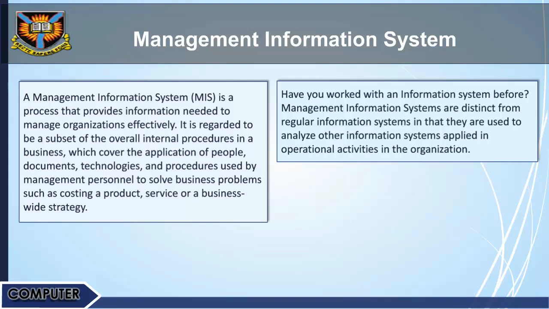Have you worked with an information system before? Management information systems are distinct from regular information systems in that they are used to analyze other information systems applied in operational activities in the organization.